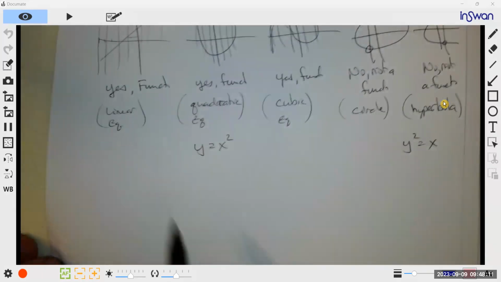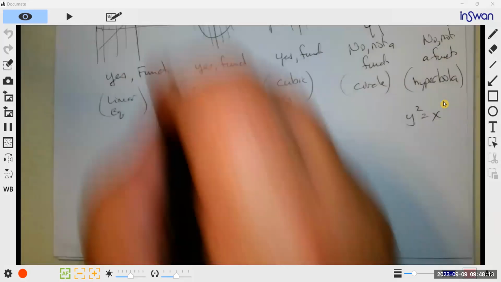So to determine if it's a function, we did all these vertical lines.